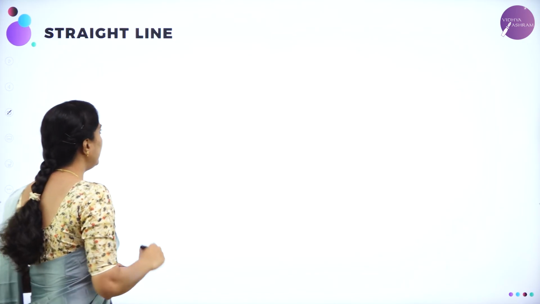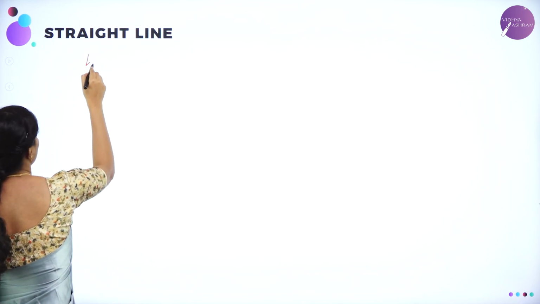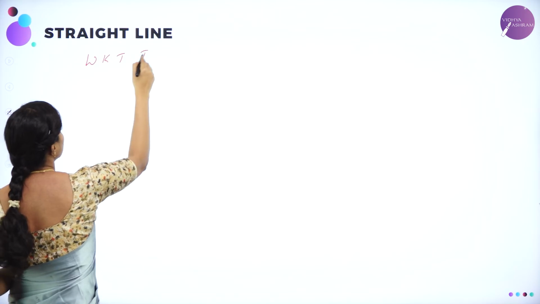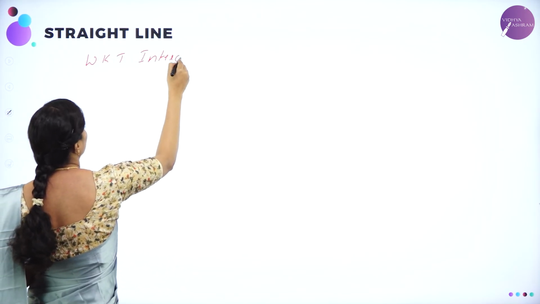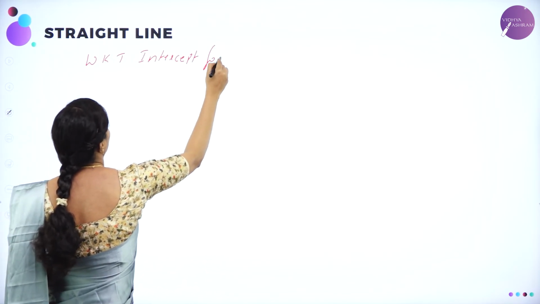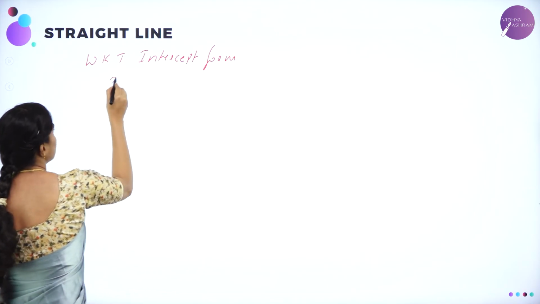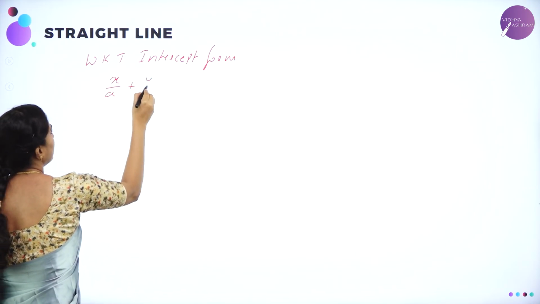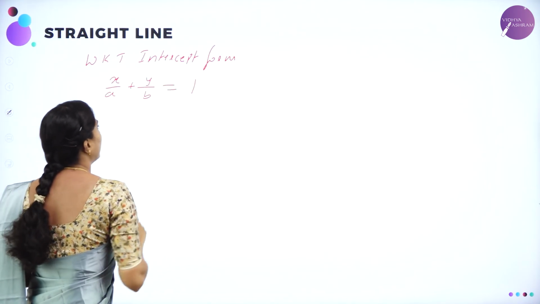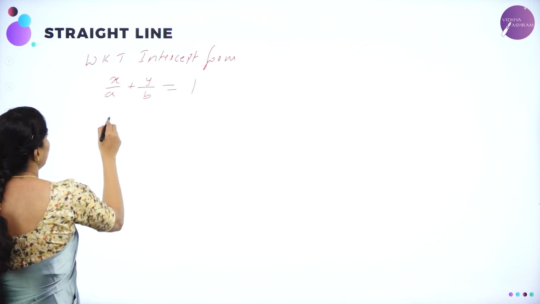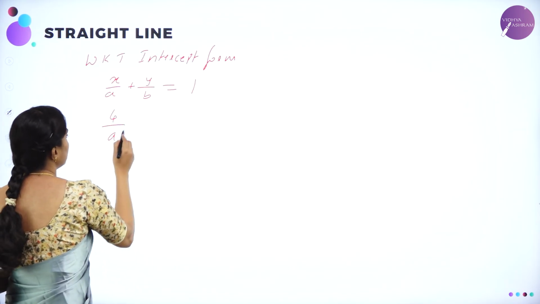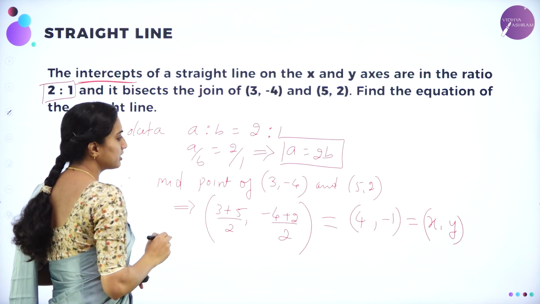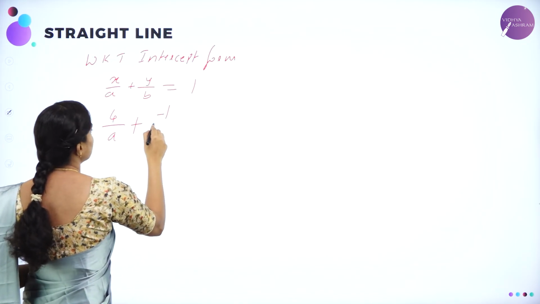Now you can take the intercept form. We know that the intercept form is given by x by a plus y by b is equal to 1. x is nothing but 4, divided by a as it is, plus y is nothing but minus 1, divided by b.